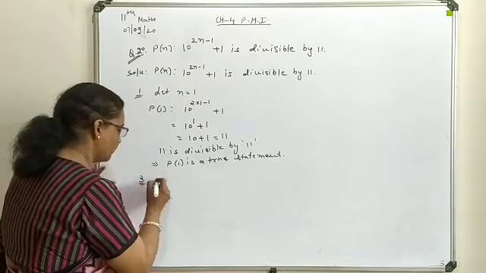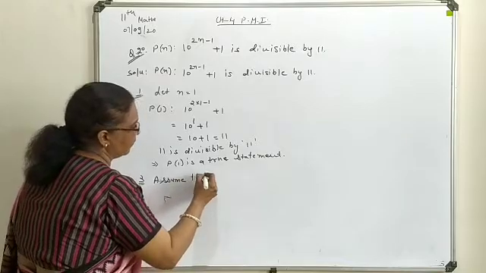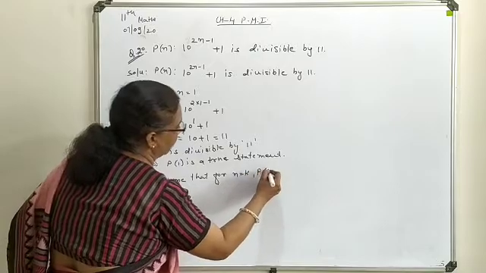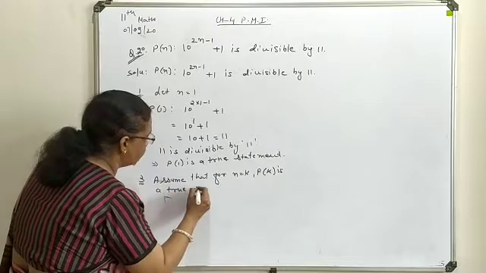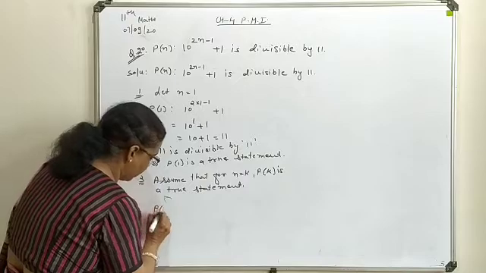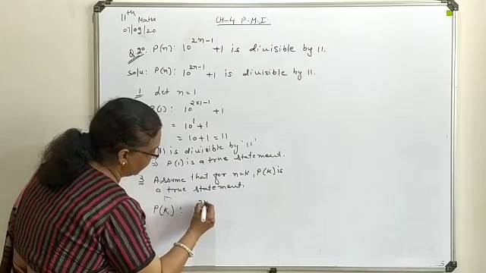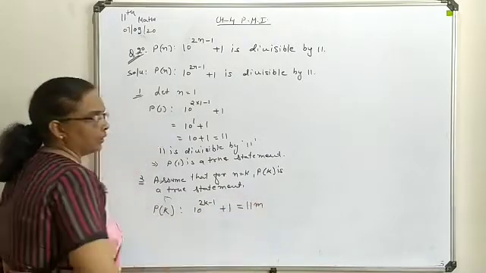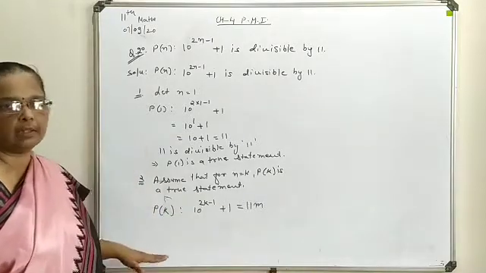Secondly, assume that for n is equal to k, Pk is a true statement. That means Pk we will write as 10 to power 2k minus 1 plus 1 as a multiple of 11. Any constant you can introduce, so the meaning of the question will be clear.